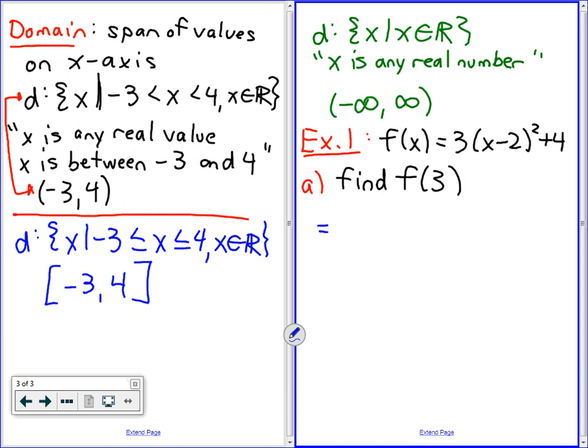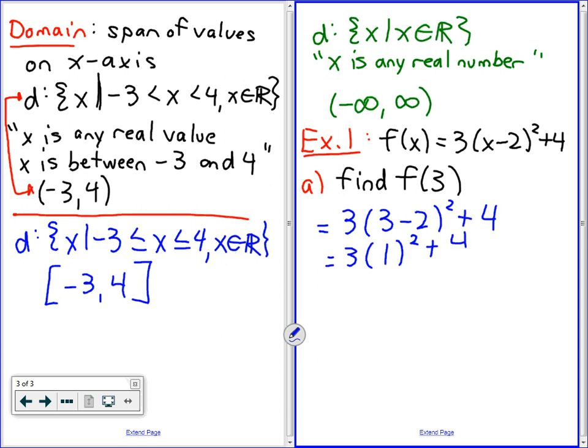Say it out, please. So f of 3 equals 3, bracket 3 minus 2. Great. Madison, using your BEDMAS, what do we do first here? So 3 minus 2 is 1.